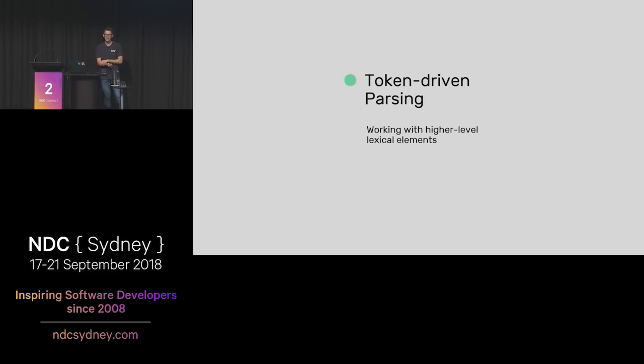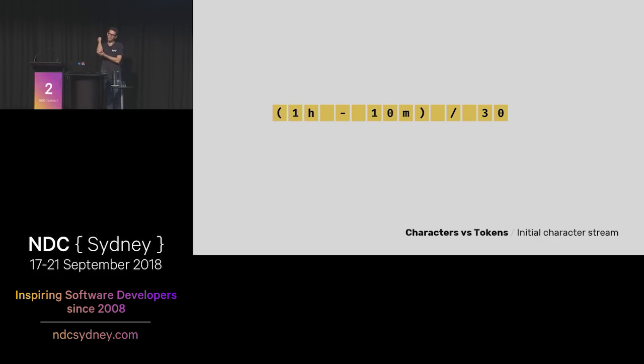So the technique that produces messages like unexpected duration, expected operator, is made much easier by an approach called token-driven parsing. Sorry, I skipped ahead. If you take the character stream we've been parsing, like a simple little operator like that, we're looking at everything a character at a time.